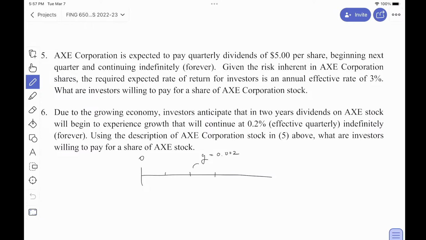And that's going to go on forever. Okay. Using the information above, $5 will be the dividend. Let's put 5. Next quarter. So quarters would mean it would have to be like here.